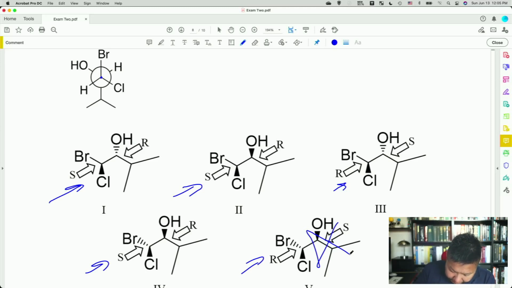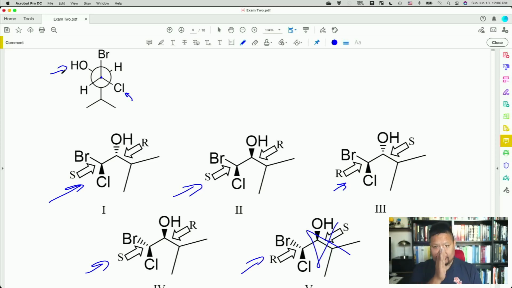Next thing to notice is that the chlorine right here is opposite the hydroxyl, or the alcohol. So we need one that looks like where the chlorine is.